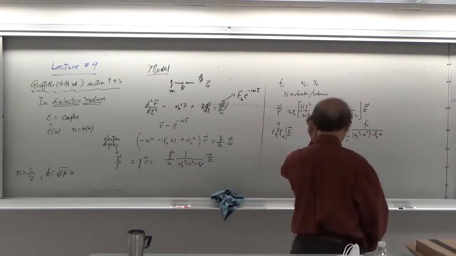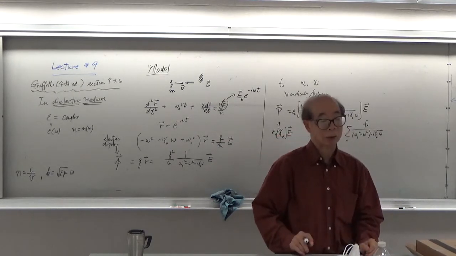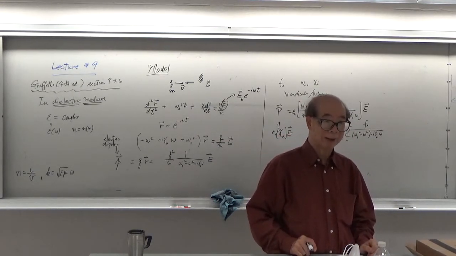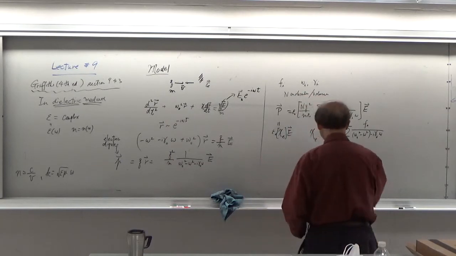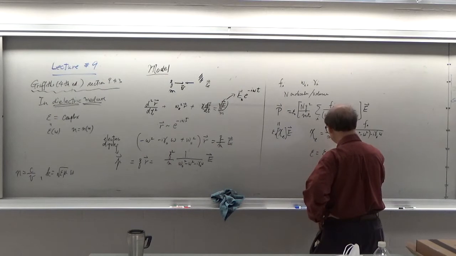And once you know the electric susceptibility, you can write down the permittivity of this medium, epsilon. You remember it's equal to epsilon naught times one plus the electric susceptibility.